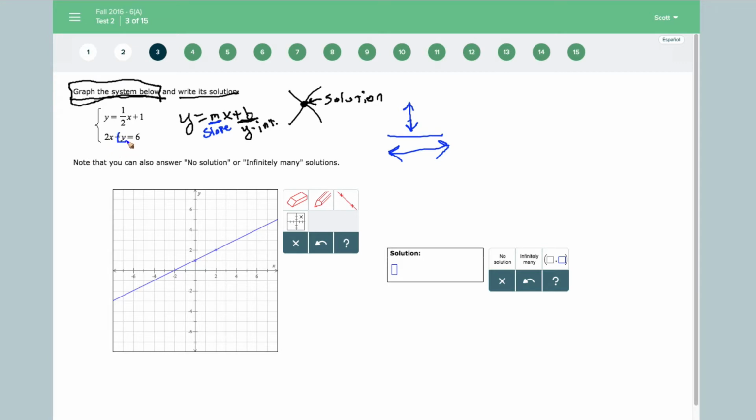We want to get y by itself, so we're going to minus 2x, and that gives us y equals -2x plus 6. The 6 and the -2x we can't combine, so we keep those separate. So now we have our y-intercept of +6. So I'm going to put a point right there at +6.